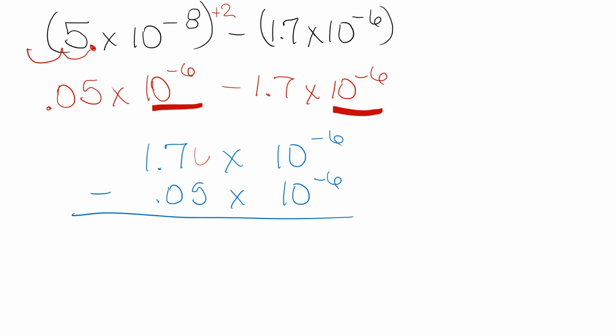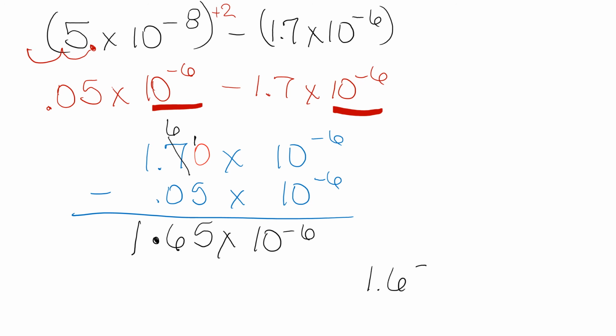I am going to put a place value holder here because I cannot take 5 away from nothing. So I am going to have to borrow from the 7, making it a 6, and I borrowed 10, so add 10 to the 0 to give me 10. 10 minus 5 is 5. 6 minus 0 is 6. Bring down your decimal, bring down the 1, and bring down the back part of your scientific notation. So my new answer is 1.65 times 10 to the power of negative 6.